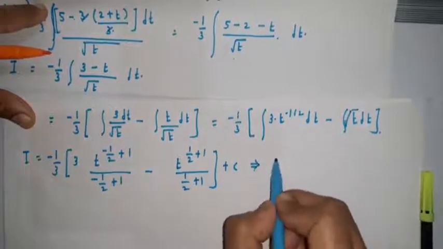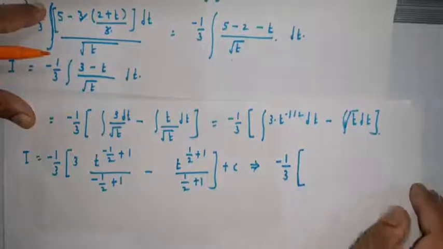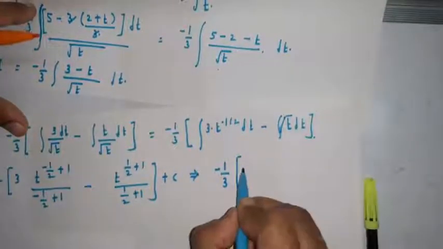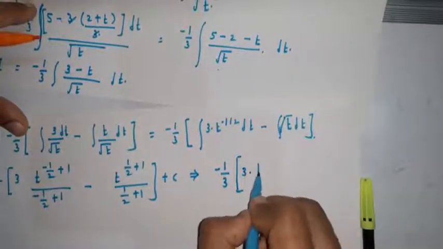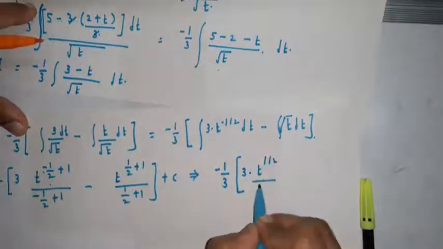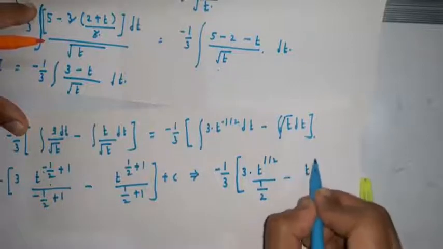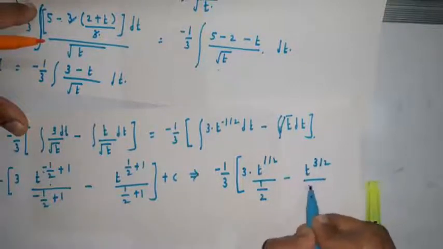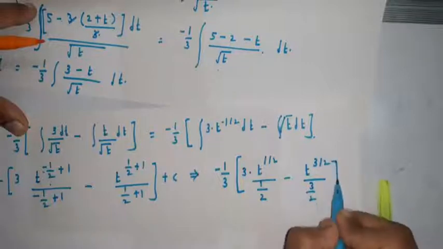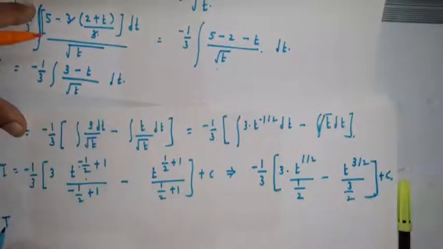And the calculation is minus 1 by 3, 3 as a constant, t raised to minus half plus 1 is half, upon half, minus t raised to 3 by 2 upon 3 by 2 plus constant of integration c.